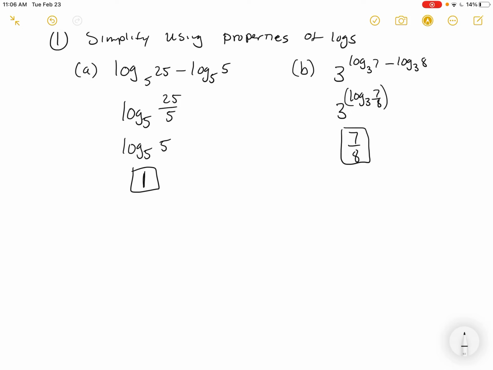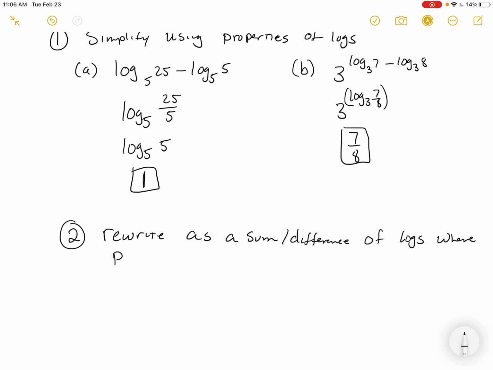They'll have problems like this, where number 2, they want us to rewrite as a sum or difference of logs where powers are expressed as products.